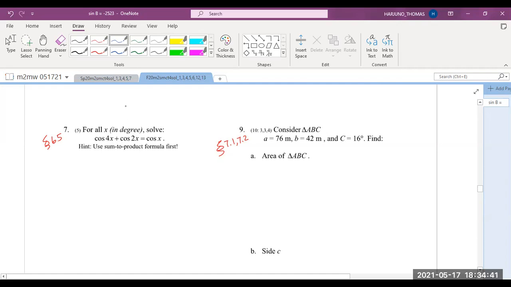Cosine plus cosine is equal to 2 cosine of sum over 2, cosine of difference over 2. That's something you will see tomorrow, or you can just look at the formula we have earlier. So this is 2 cosine 3x cosine x equals cosine x.